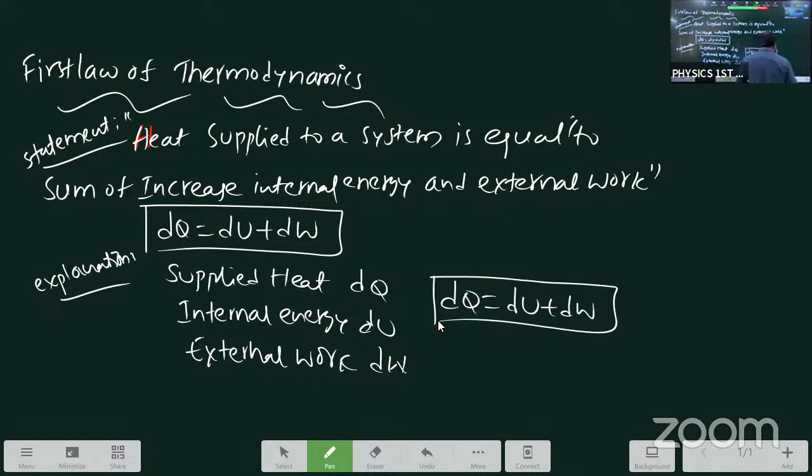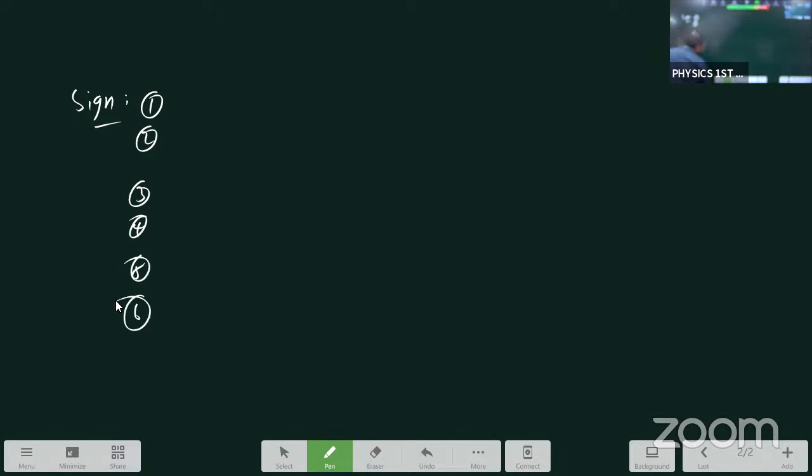Now the sign convention. Out of 6 points, you write any 4, enough. What do the sign symbols mean here? First point, related to heat.